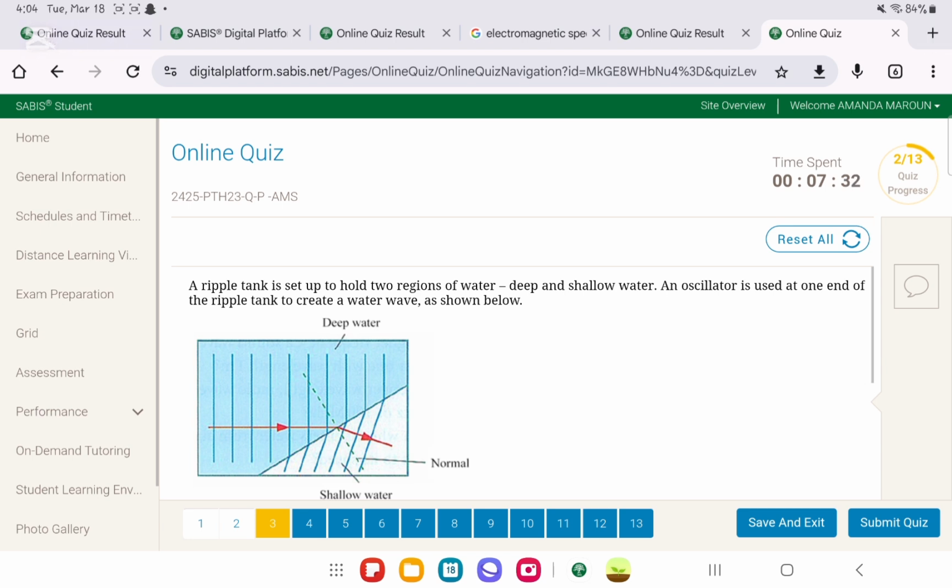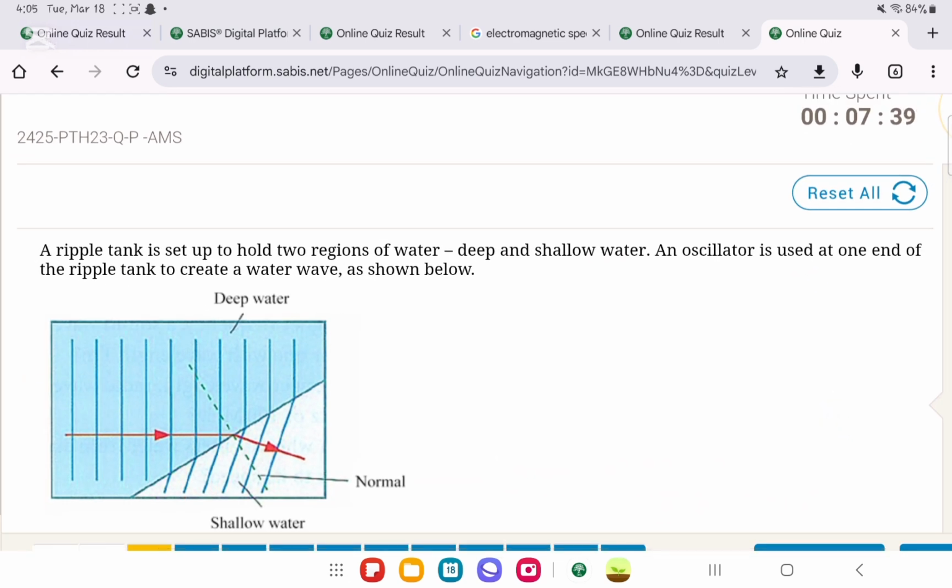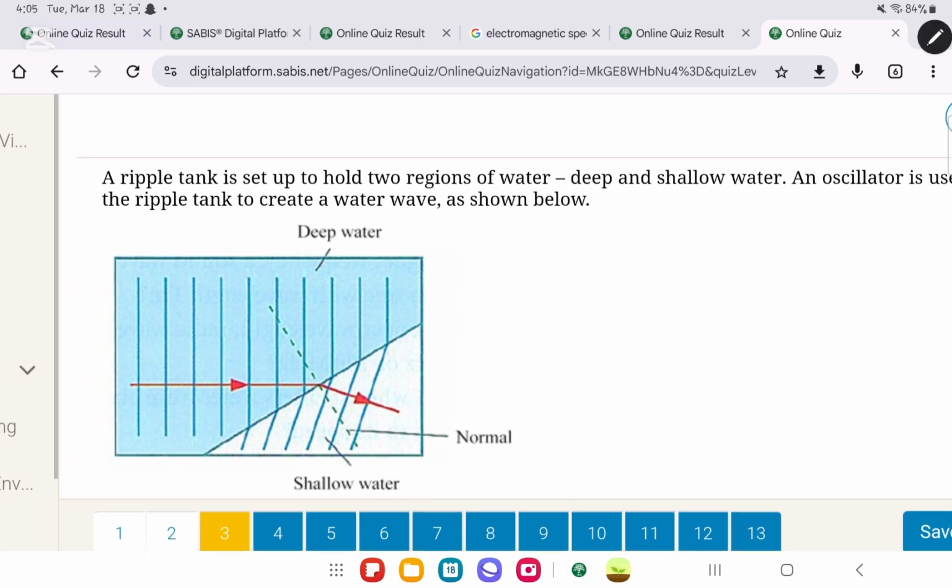A ripple tank is set up to hold 2 regions of water, deep and shallow water. An oscillator is used at one end of the ripple tank to create a water wave as shown below. Now what we need to know is that when we're going from deep water to shallow water, we have refraction occurring.